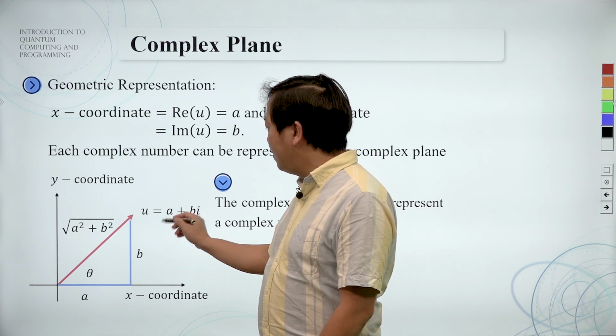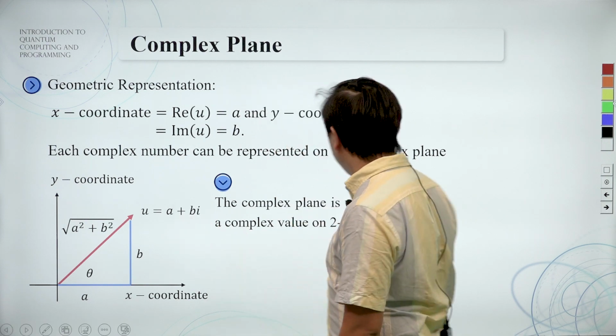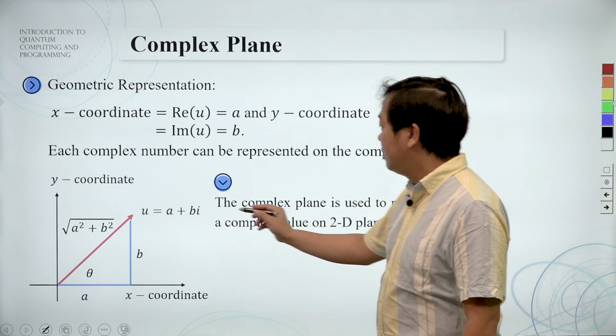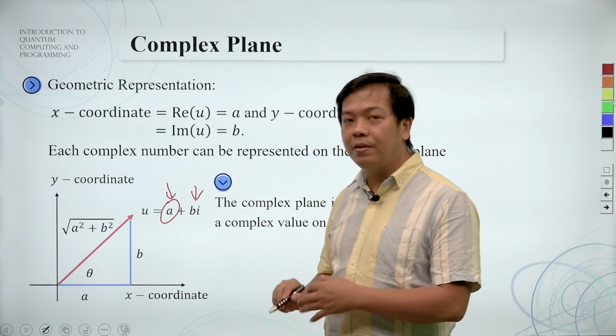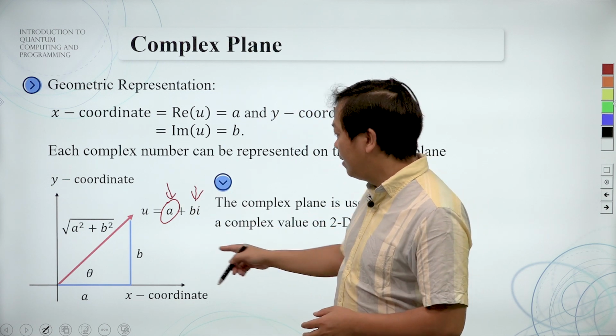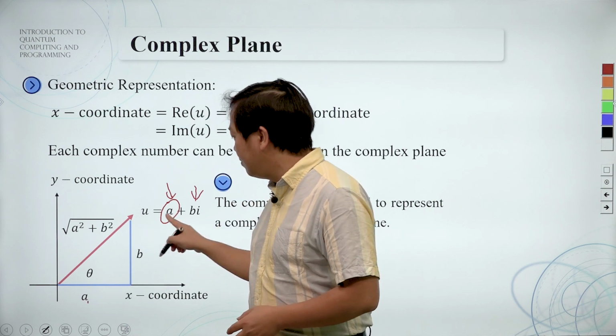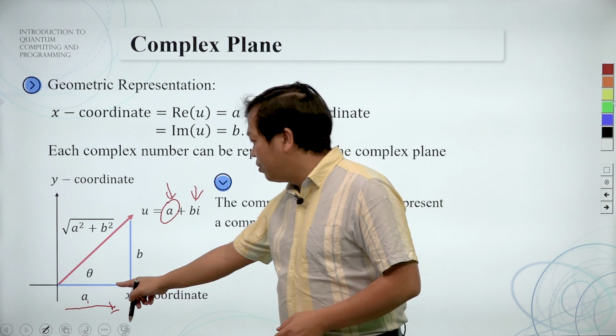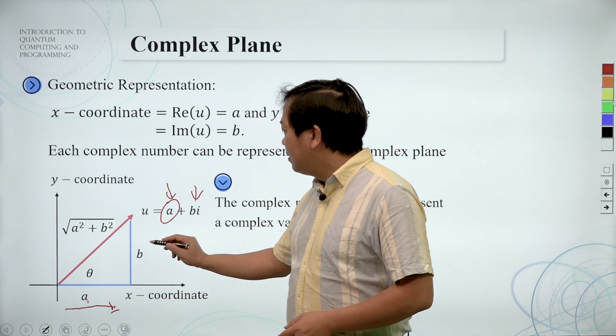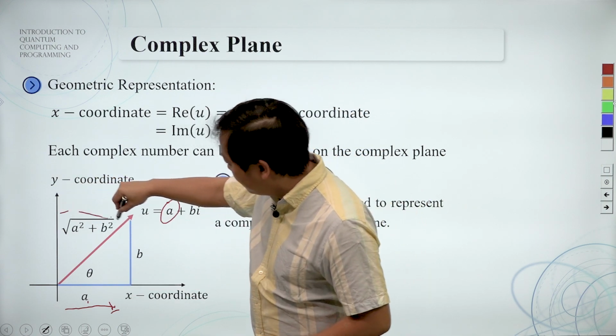Over here we have a real part and an imaginary part. If you see, this A is a real number, equal to this part, and we have B, equal to this part.